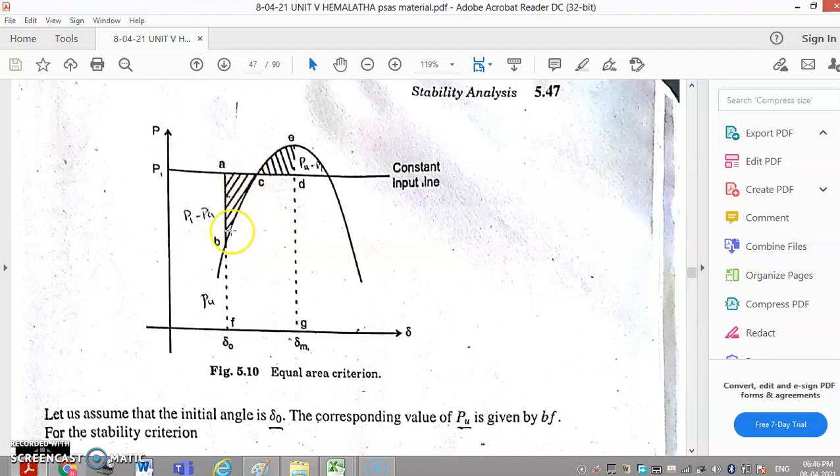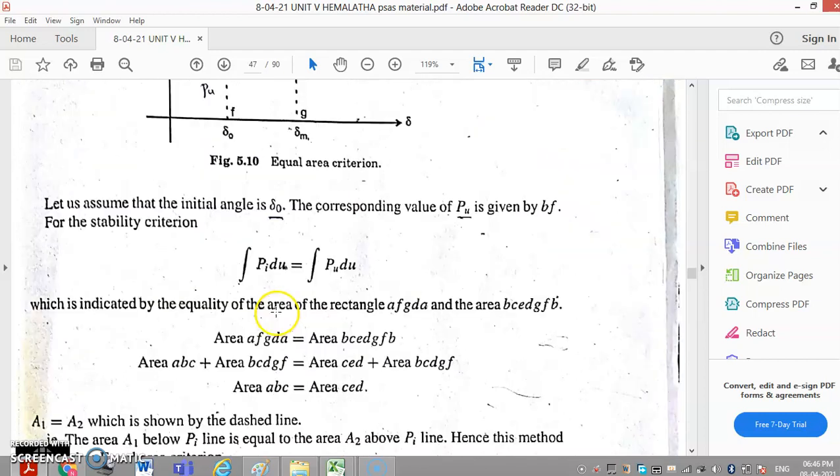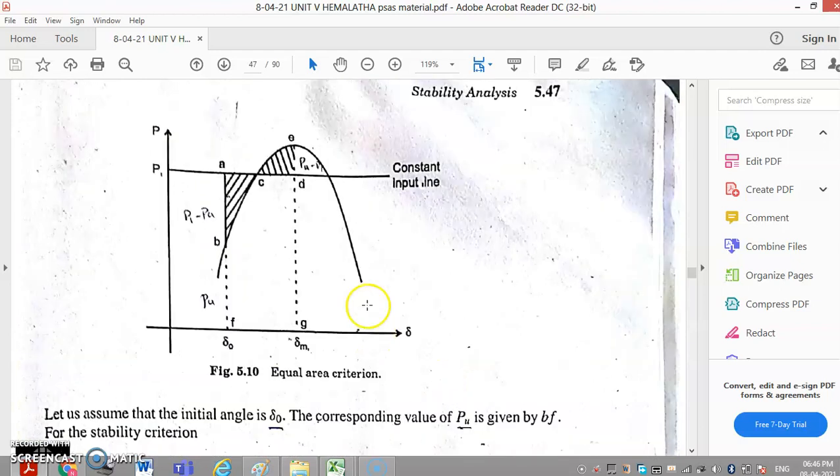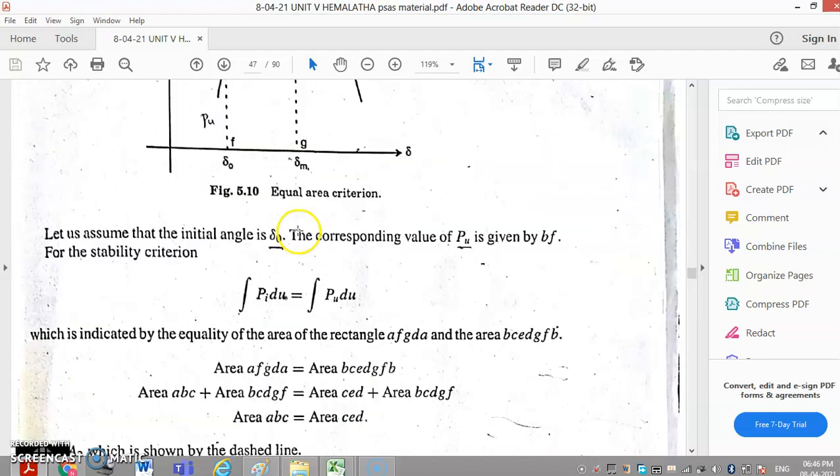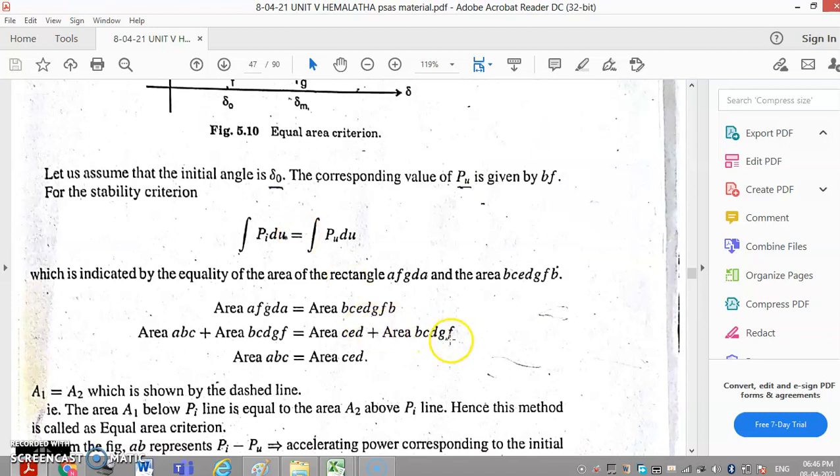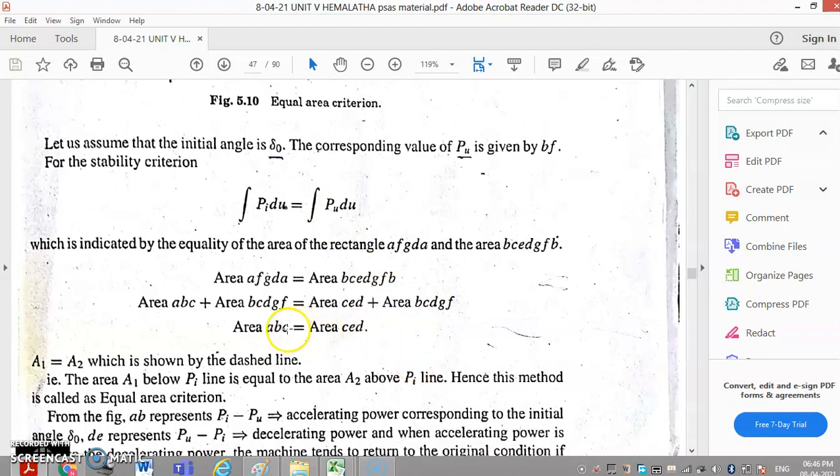This is equal to area CED plus area BCDGF. Area CED is the shaded portion, and BCDGF. See, this area is equal to this area BCDGF, here also area BCDGF.